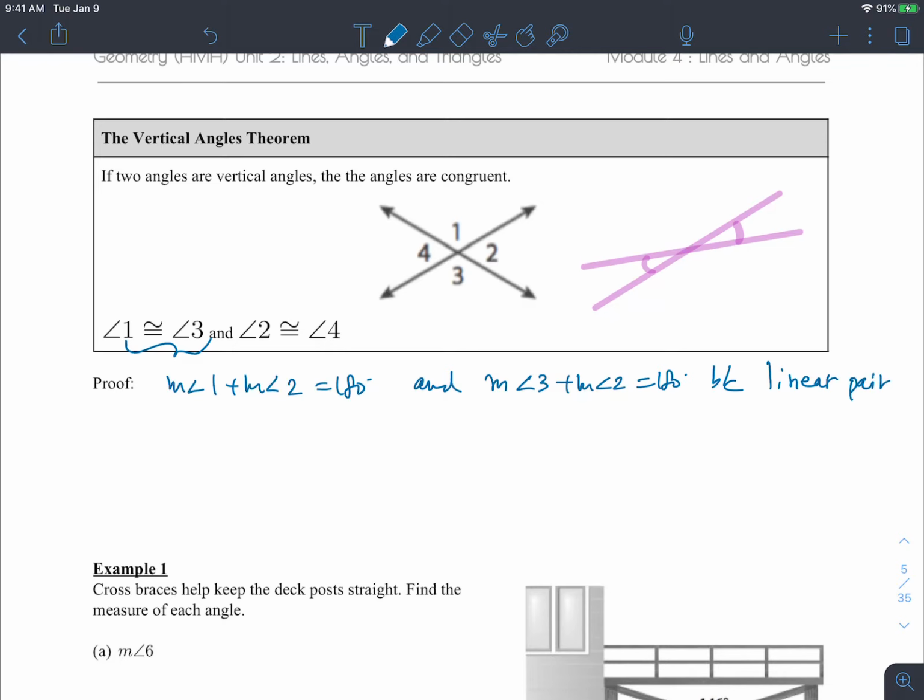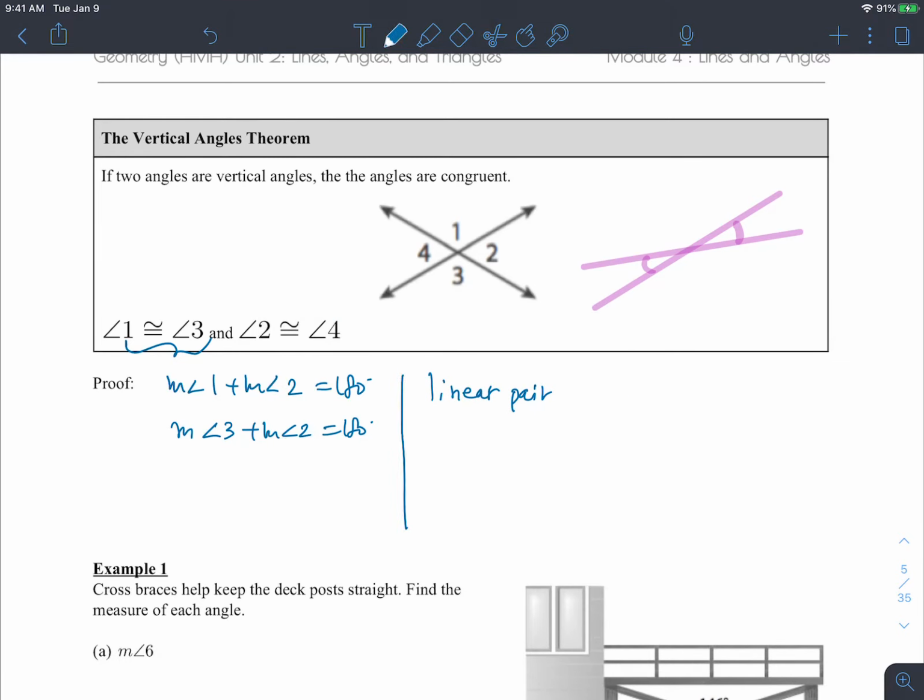Now, instead of writing it this way, if we move this right here and simply say linear pair, like this, and draw a line, this will be like a T-chart. It'll be a two-column proof. These are the statements, and these are the reasons.